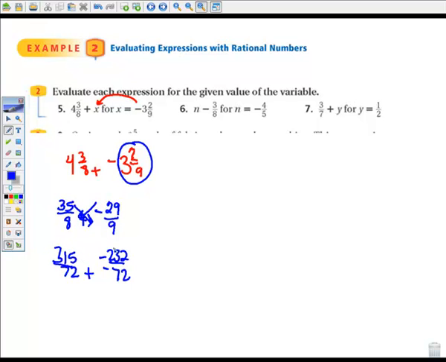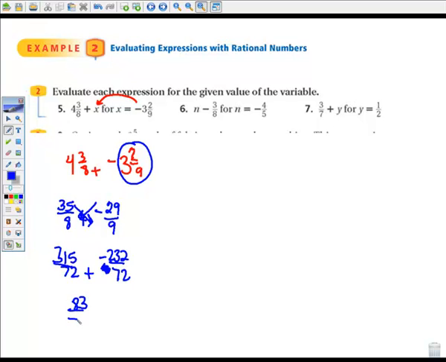Our positive numerator is larger than our negative numerator. Oh, look what I did here. I cannot use this as a double negative, so I need to cross one of these off. So be very careful. So I'll take 315 and I can add a negative 232, and that gives me positive 83.